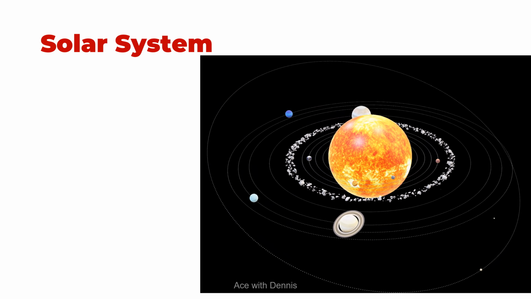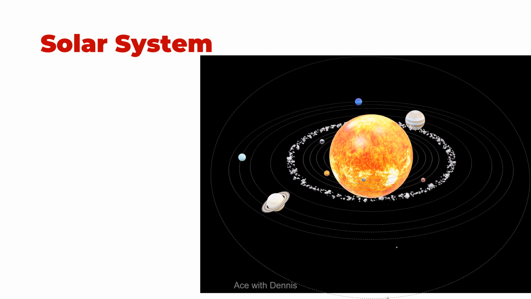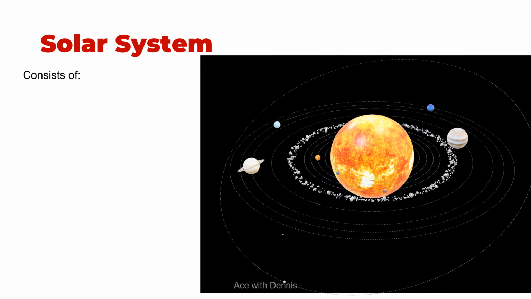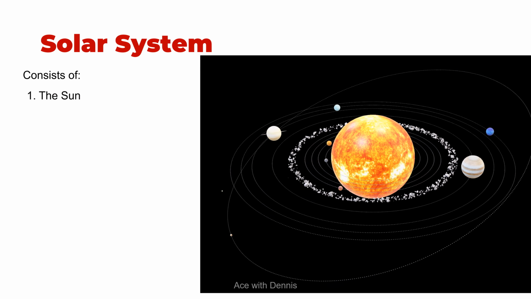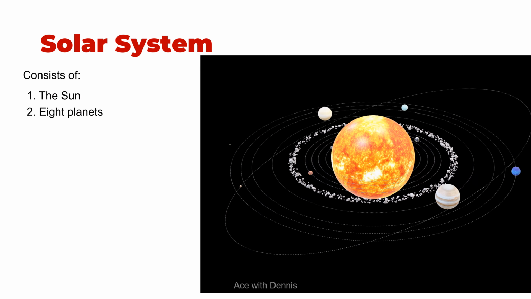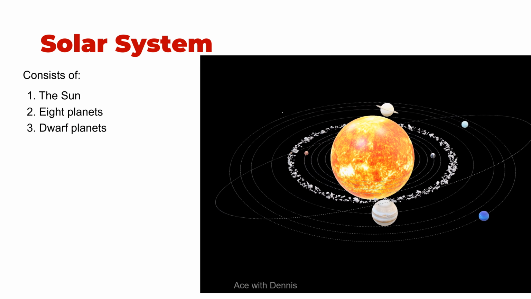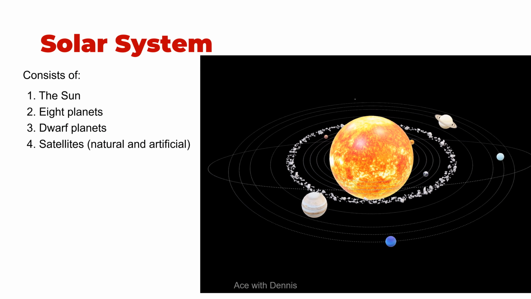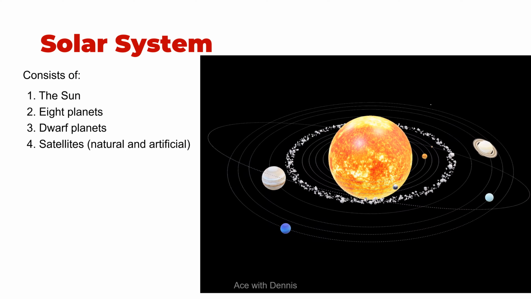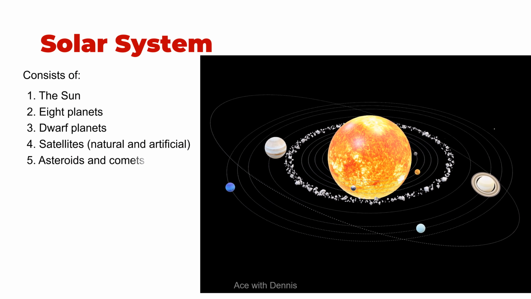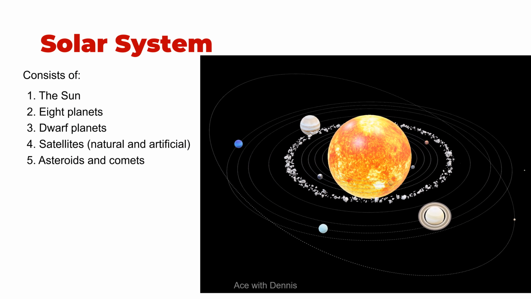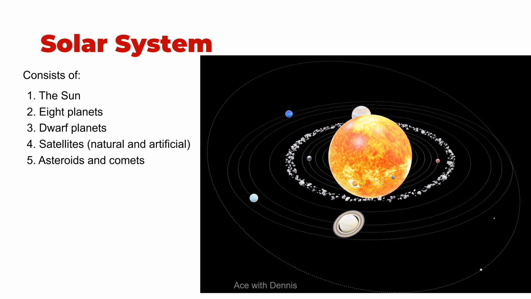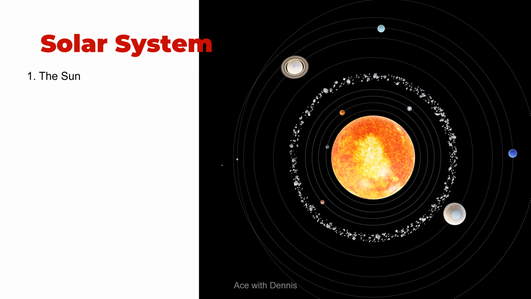Next, let's discuss the solar system. The solar system consists of the Sun, 8 planets, dwarf planets, satellites, which can be natural or artificial, asteroids, and comets. First, the Sun.